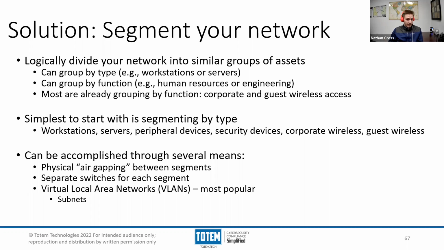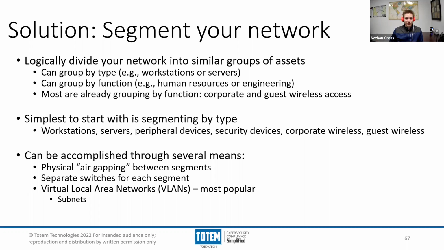That's a pretty common approach from what we've seen, at least for small businesses. You can also group by function. For example, you've got your human resources department and all of the assets within that group, your engineering department, all the assets within that group, finance, et cetera.